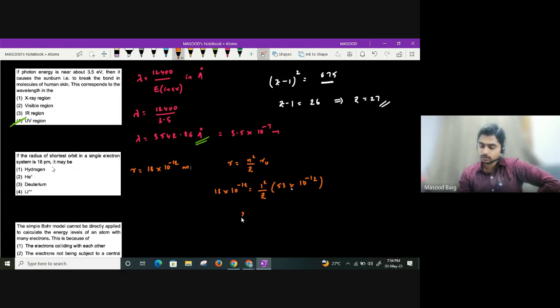So Z value, how much will you get? This will be 53 divided by 18, because 10 power minus 12 and 10 power minus 12 will get cancelled out. 18 threes usually happens to be 54, guys. So it's approximately 3, which will be Li plus 2. Clear, all of you?